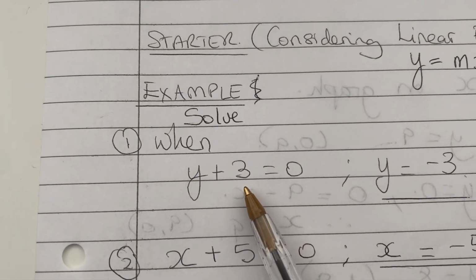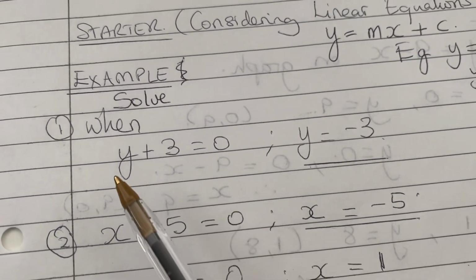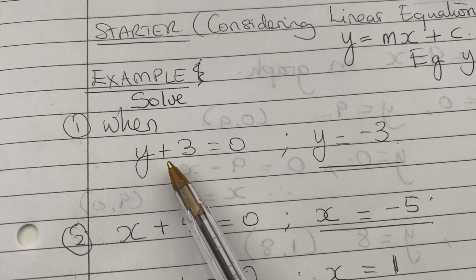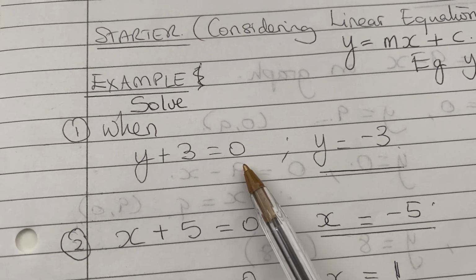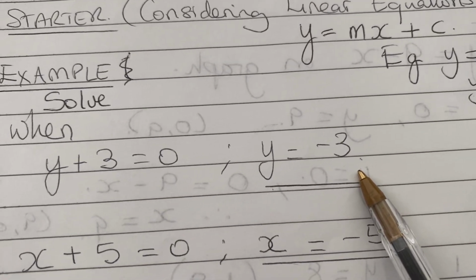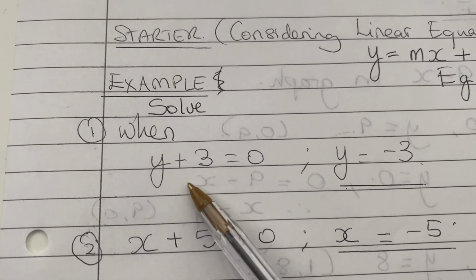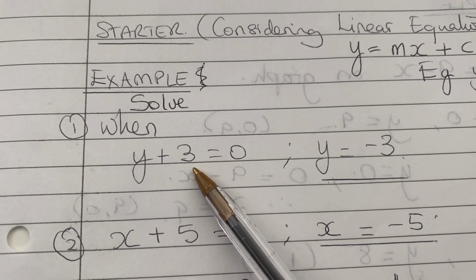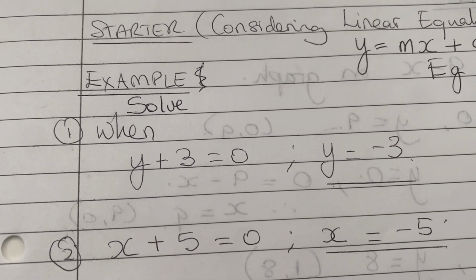y plus 3 equals 0. So y will be equal to, when this is plus 3 and it goes the other side, it will be minus 3. So y will be minus 3. Or minus 3 plus 3 is 0, because these are simple equations, and this can also be mental math.